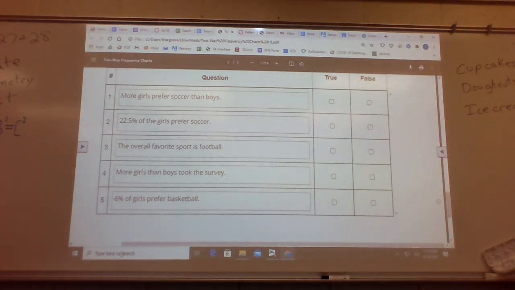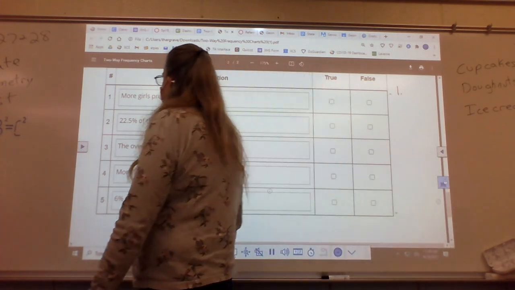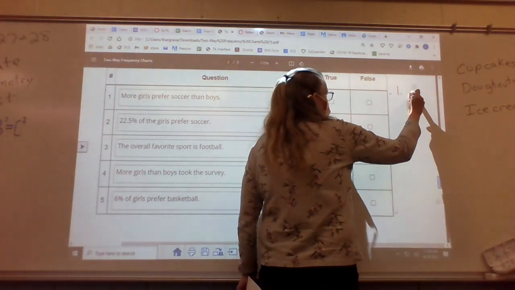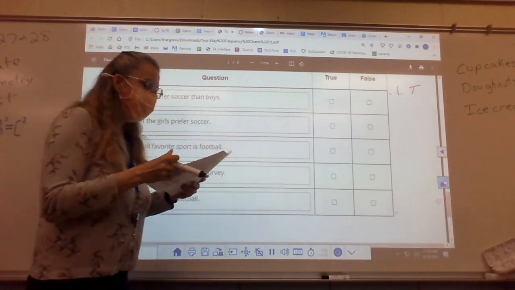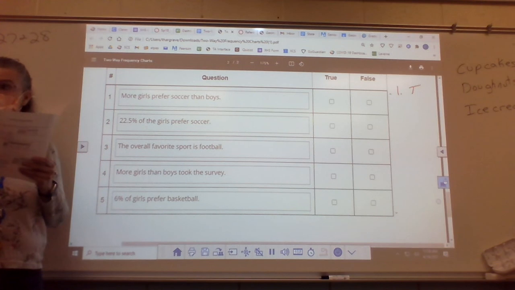So question 1. More girls prefer soccer than boys. True or false? True. That is true. No matter how you look at it, it's going to be true. Because if I look, 18 girls versus 10 boys preferred soccer.